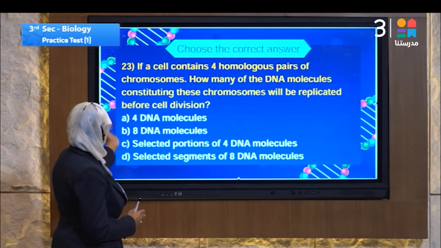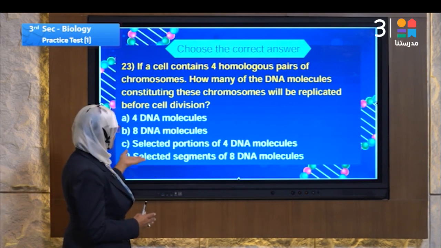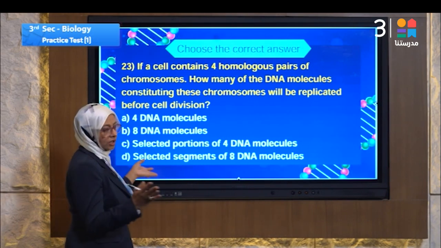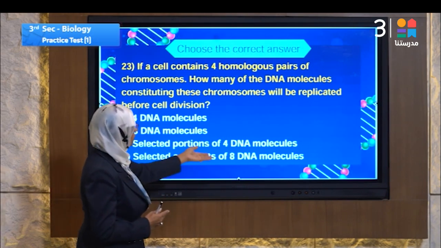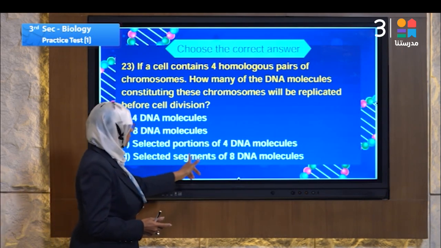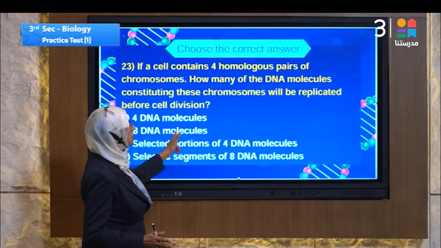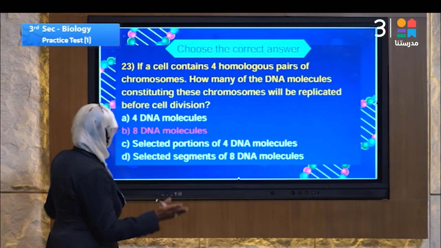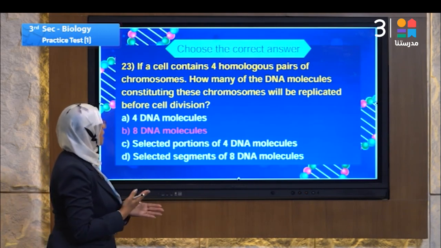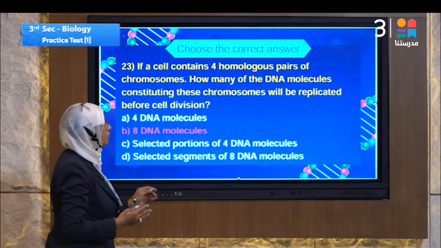The first one is 4 DNA molecules, 8 DNA molecules, selected portion of 4 DNA molecules, where portion means a part, selected segment of 8 DNA molecules. The answer must be 8 DNA molecules. Let's see the answer. Yes, that's it. 8 DNA molecules. That means the 4 homologous pairs duplicate.